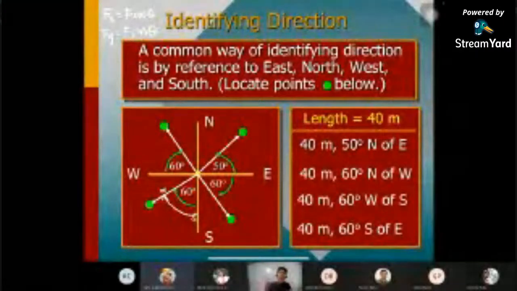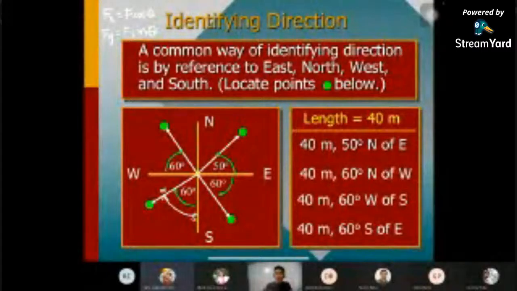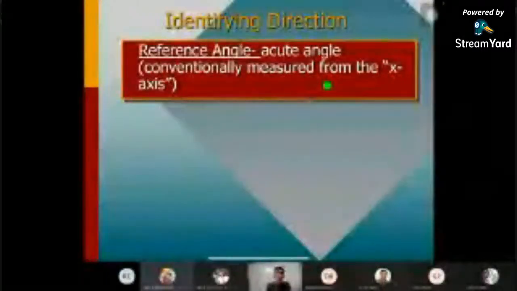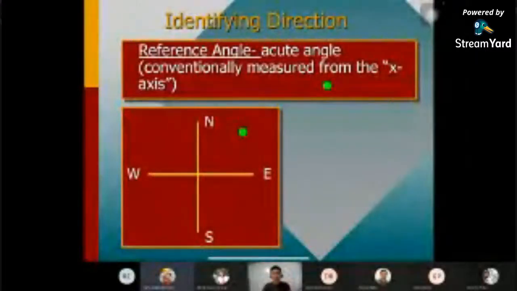So this is true if and only if the angle you are referring to is a reference angle that is measured from the positive or negative x axis. Or the theta will no longer be adjacent to x, and that will not make x be F cosine theta. So kapag hindi natin siya measured relative to the x axis, then the formula that we are showing will not be true anymore.